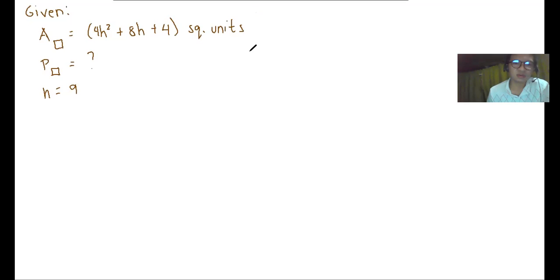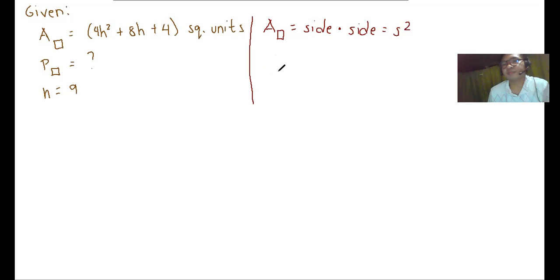The area of a square is equal to side times side, or simply put, s squared. And the perimeter of the square is equal to 4 times s, or simply 4s. That is 4 times the side.